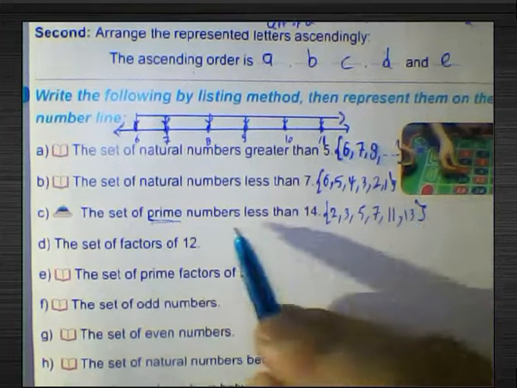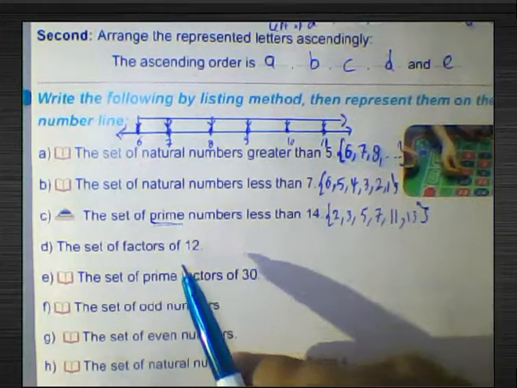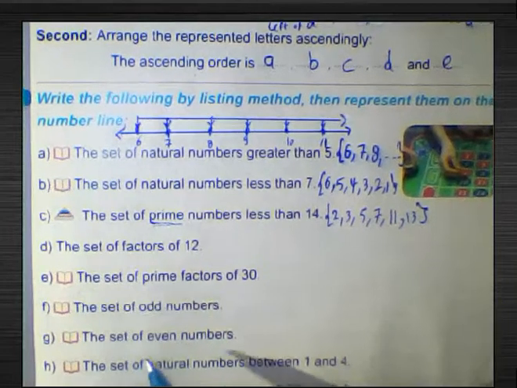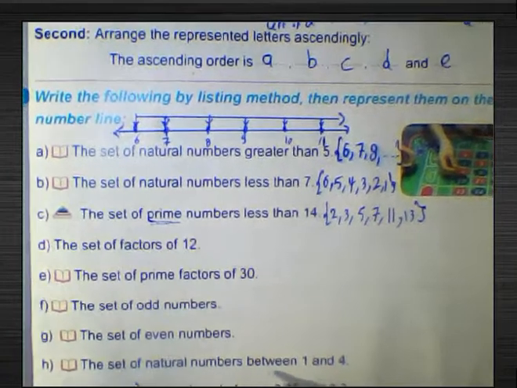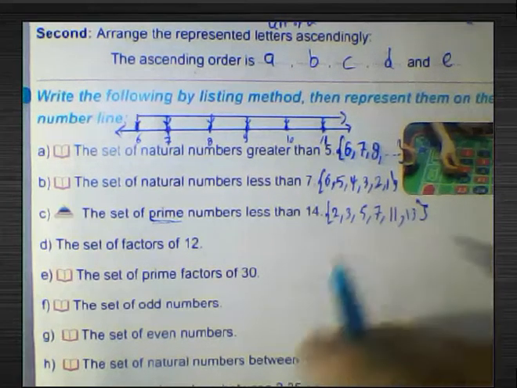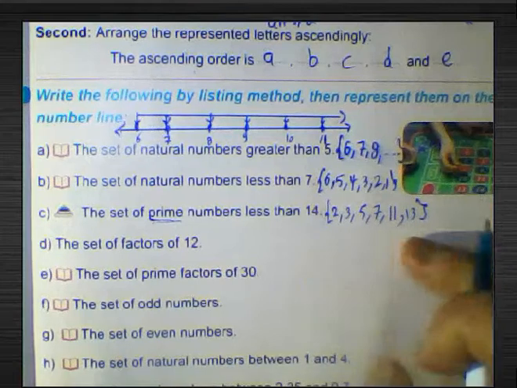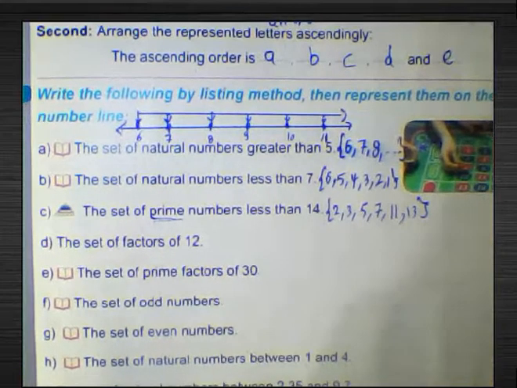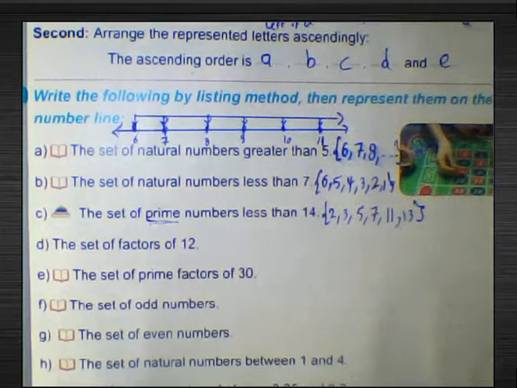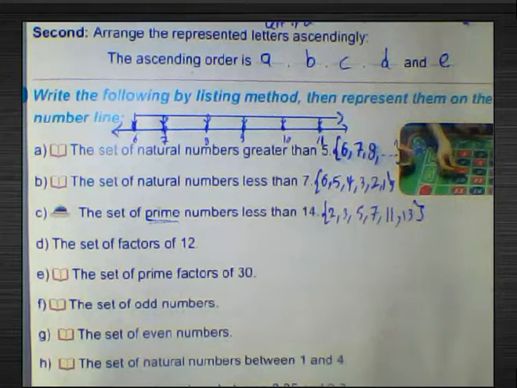You want to find the prime numbers less than 14. We know a prime number has only two factors, 1 and itself, such that 2 can be divided by itself and 1. 3 can be divided by itself and 1. So all these numbers are prime numbers. Okay.